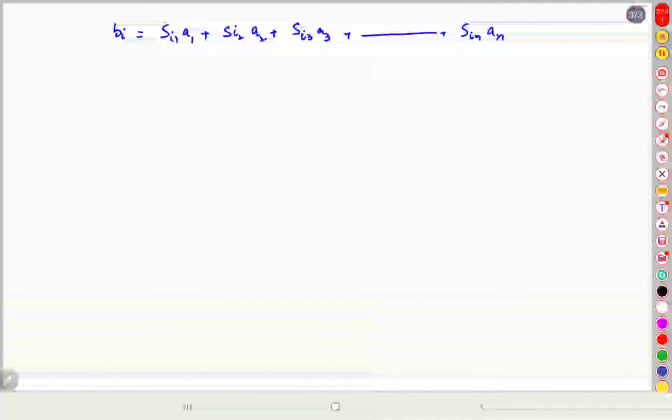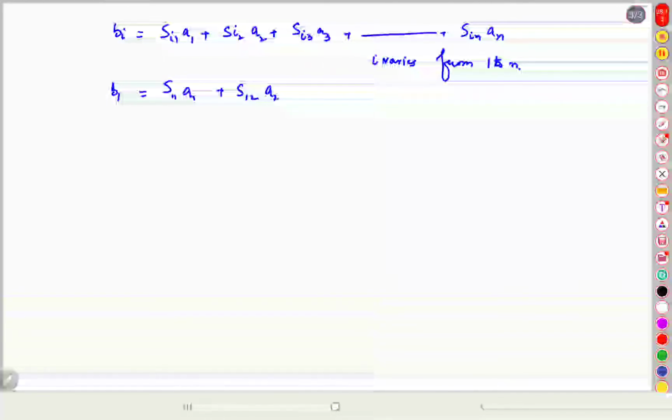As I said, i varies from 1 to n. Therefore I can write B1 is equal to, replacing i by 1, S11 A1 plus S12 A2 plus S13 A3 plus so on up to S1n An.